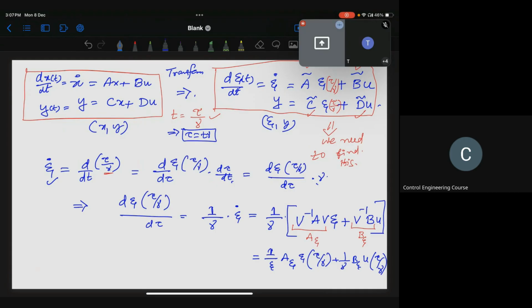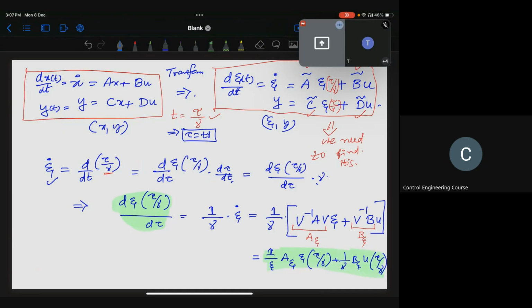So this is what the first equation is. So this represents zeta dot. So this is the final expression.